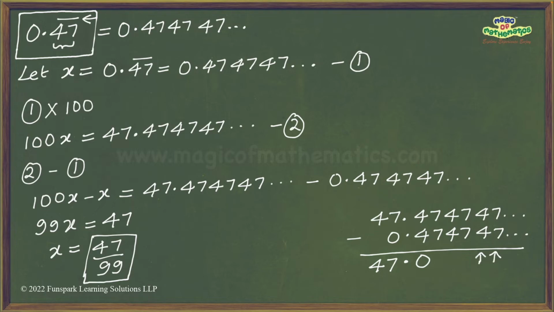It should be noted here that we have two digits in the recurring sequence, and that's the reason we multiply by 100.